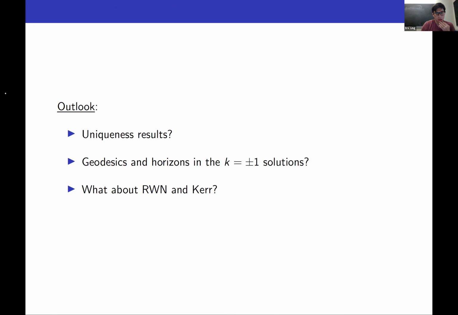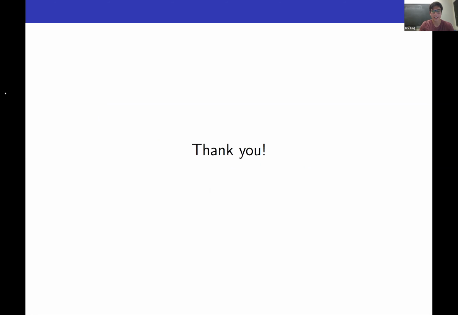And then, of course, you can ask, well, what about other spacetimes? What about other black hole models? There's Reissner-Nordström, there's Kerr. You can also consider just a matter model, and then match the perfect fluid of a star to the perfect fluid that one gets out at infinity, and then see what happens there. Okay, that's it. Thank you.